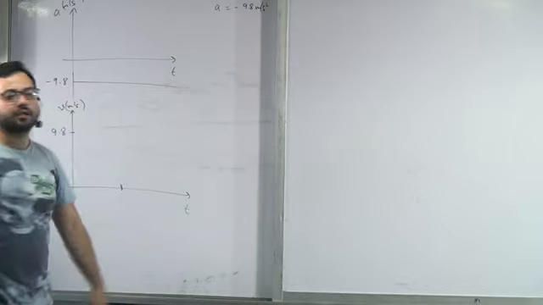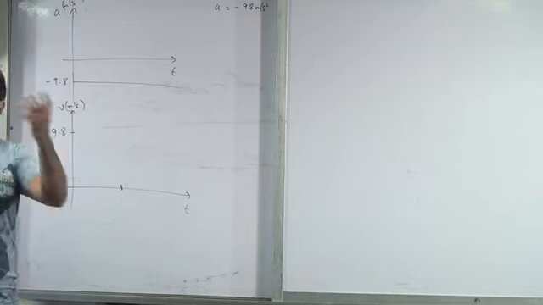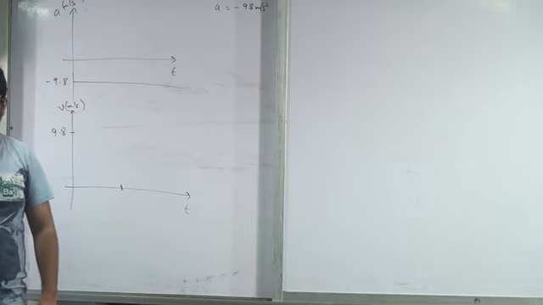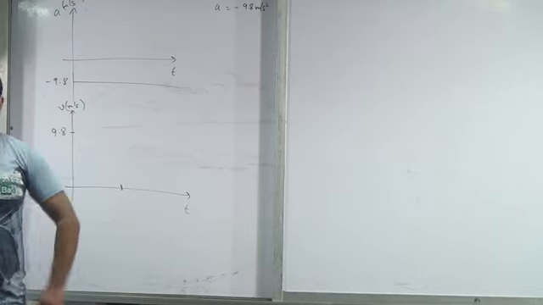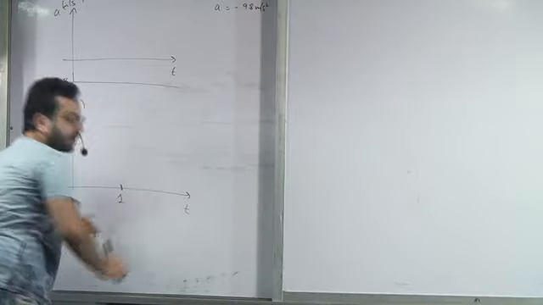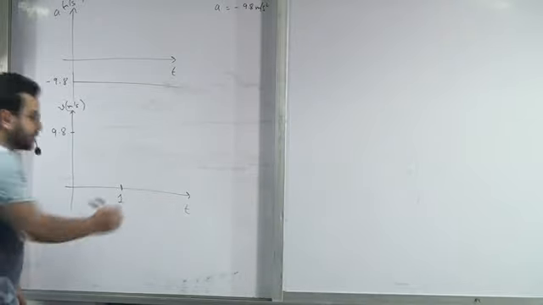Now will the velocity become 0 somewhere? When? What will be that time? U by g, the time of ascent. Excellent. What is u by g? 1 second. Is that right? So at 1 second, the velocity would be 0.